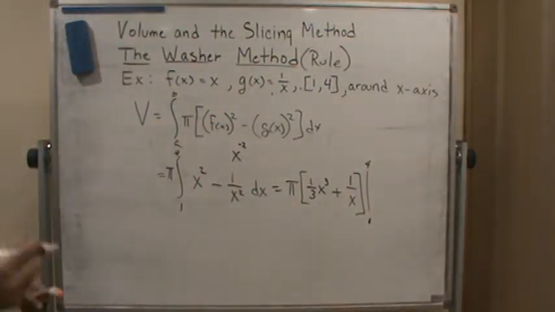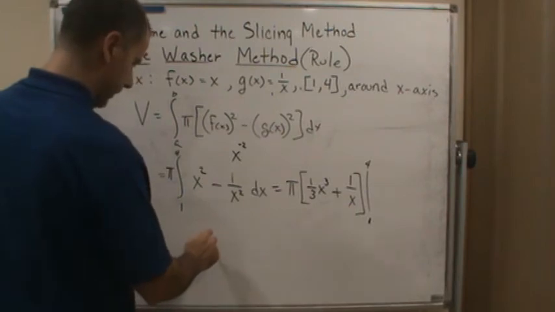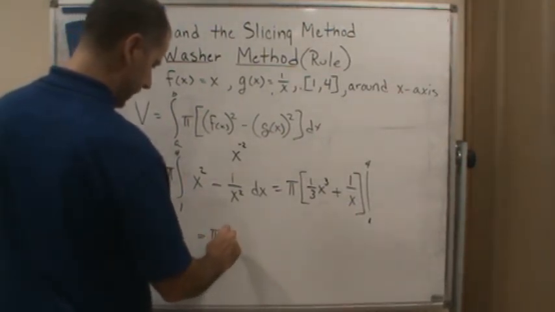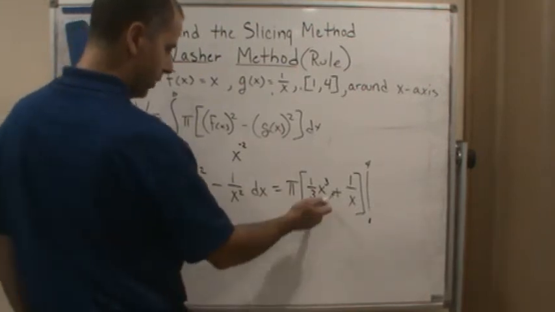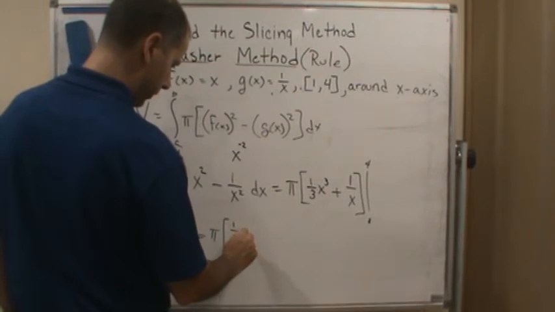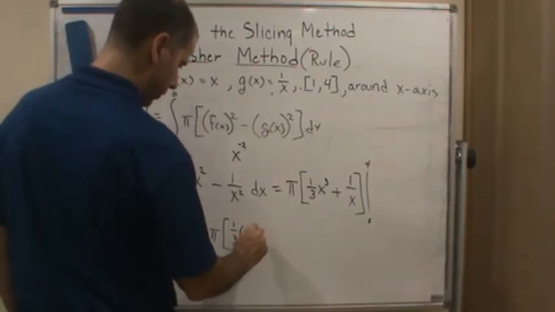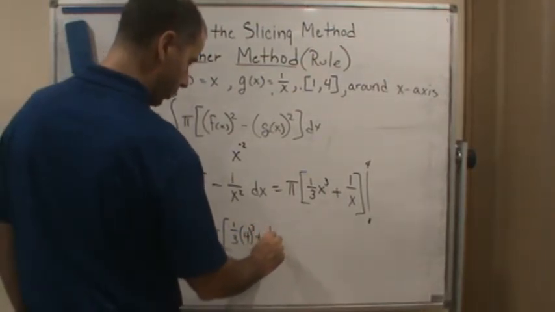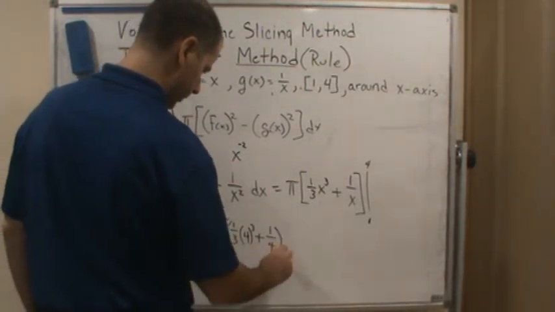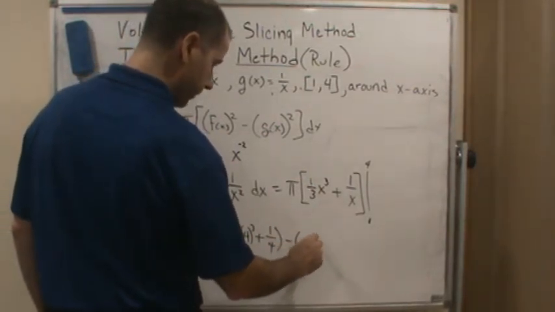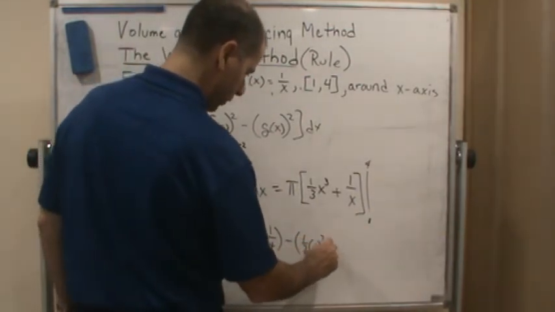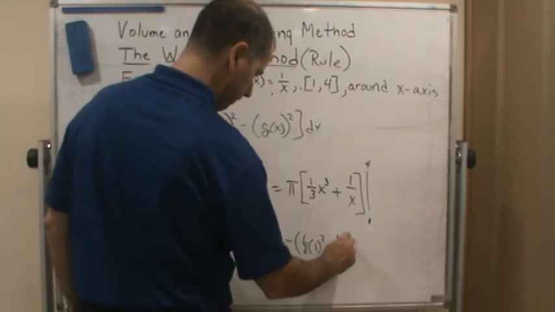And so now, guess what? We're going to go ahead and plug it in and evaluate this. So this is going to be pi times, evaluated at 4, 1/3 times 4 cubed plus 1 over 4, minus, now we're going to evaluate at 1, 1/3 times 1 cubed minus 1 over 1.